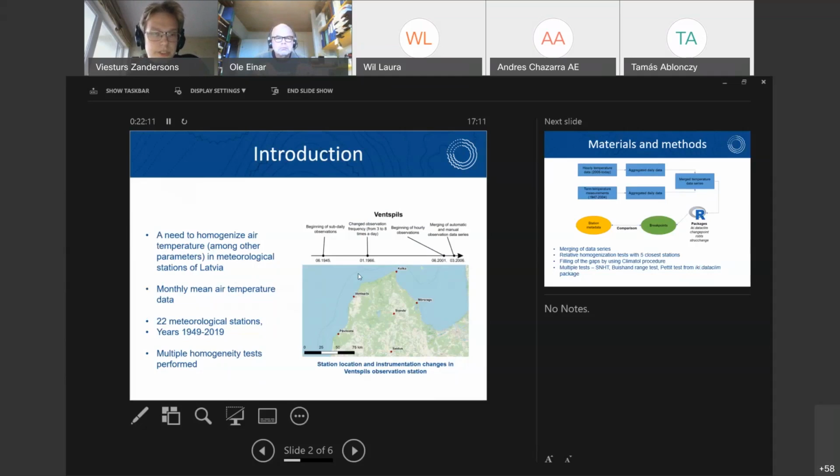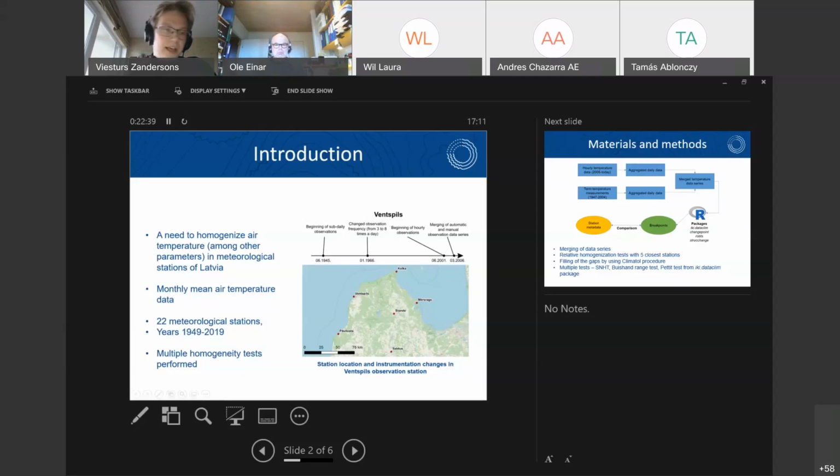We did the test with monthly mean air temperature data. Overall, we focused on 22 meteorological stations that are long-term climatic stations in Latvia from years 1949 to 2019. But in this presentation, I will mainly focus on a case study of Ventspils meteorological station, which is over here.